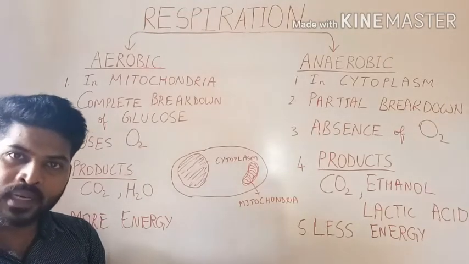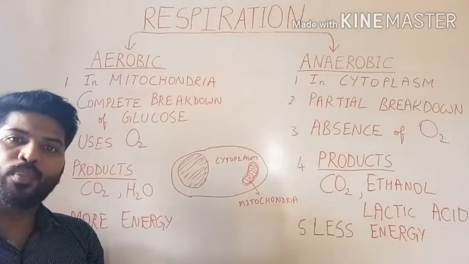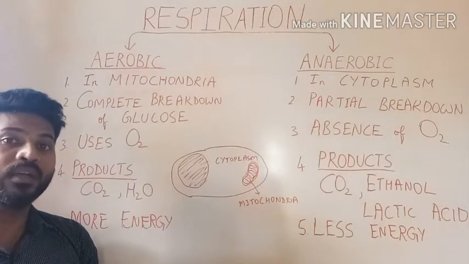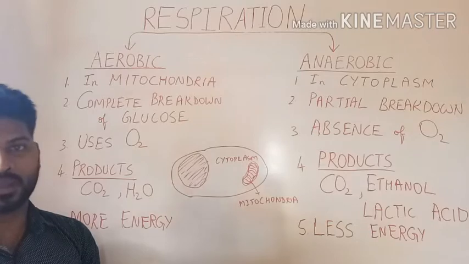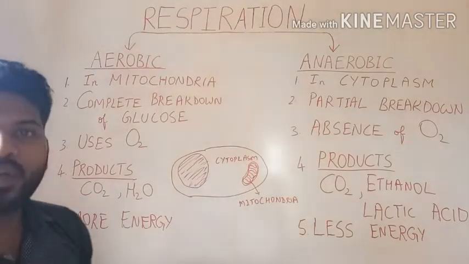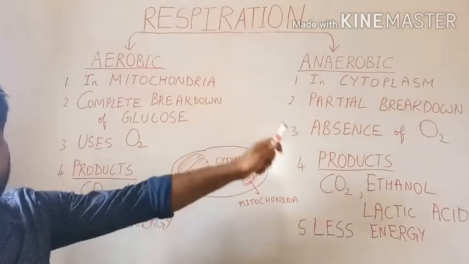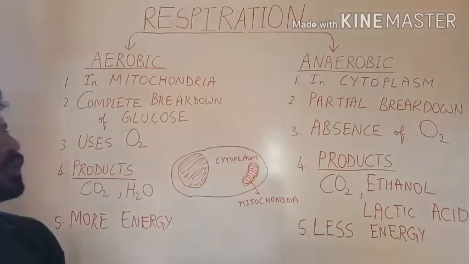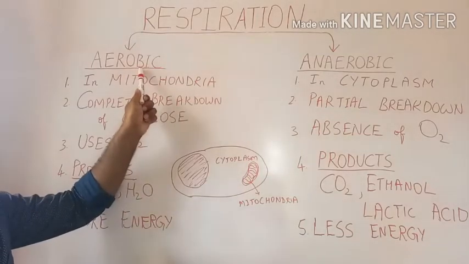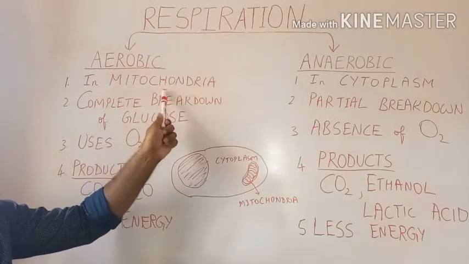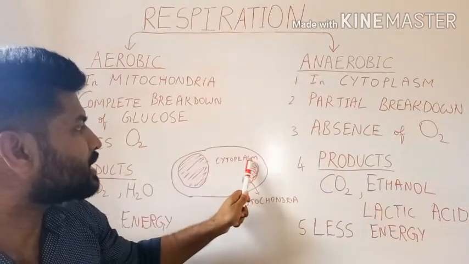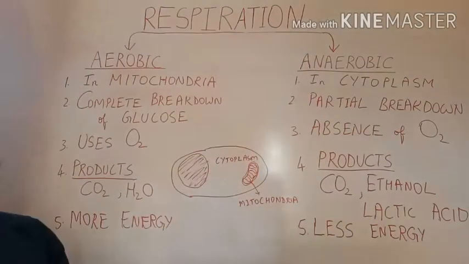If glucose is not available, then the body will use proteins as well as fats, especially in cases where we are starving. So, let us discuss some more differences between aerobic and anaerobic respiration. Aerobic respiration takes place in mitochondria, whereas anaerobic respiration takes place in the cytoplasm of the cell.